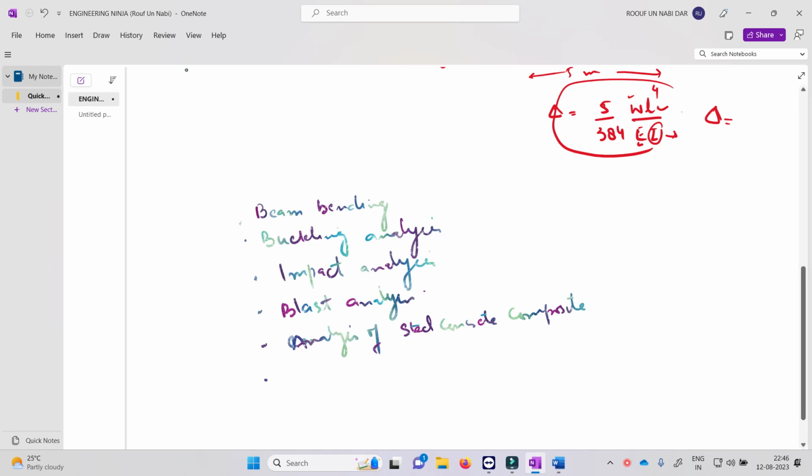We'll also look at crash analysis, crash mechanics. These are some advanced-level analyses: buckling analysis of columns, impact analysis, blast analysis, how do we analyze steel-concrete composites in FEA softwares or CAE softwares like Abaqus, crash analysis?